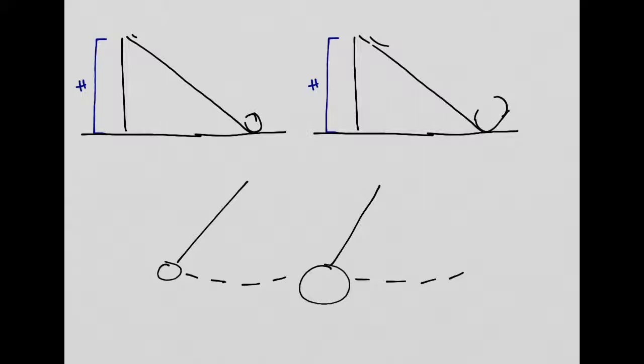The rate of swing of a pendulum is independent of the mass attached to the pendulum and is only dependent on the length of the string that the pendulum is attached to.